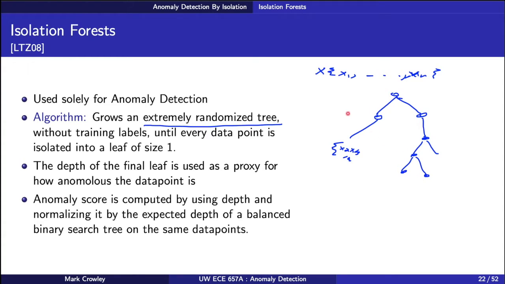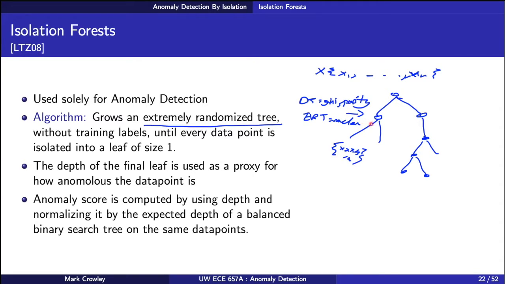So remember, in a decision tree we think a lot about the Gini score and purity, and try to do this really well, and make a split that maximizes the classification accuracy. In extremely randomized trees, it's just random.